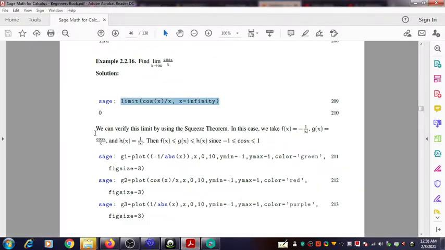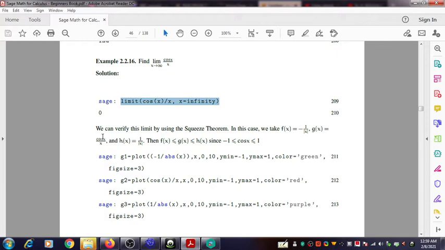For that, we have to consider two more functions, one of which makes an upper bound for the given function. Here the given function is cos x by x, and the other function must make the lower bound of the given function.